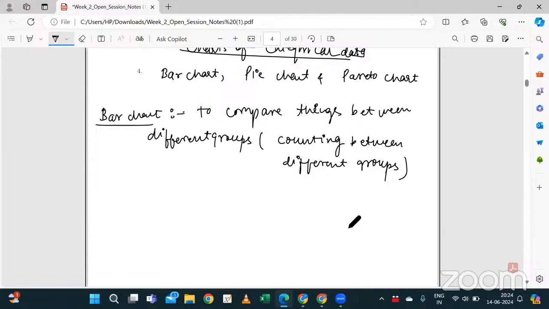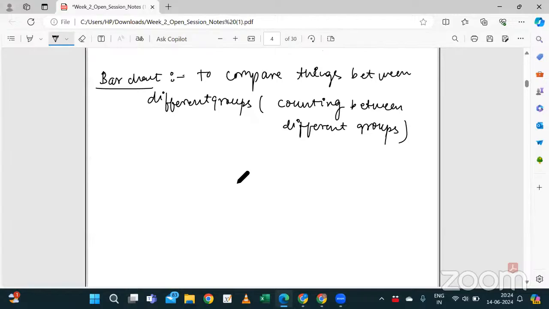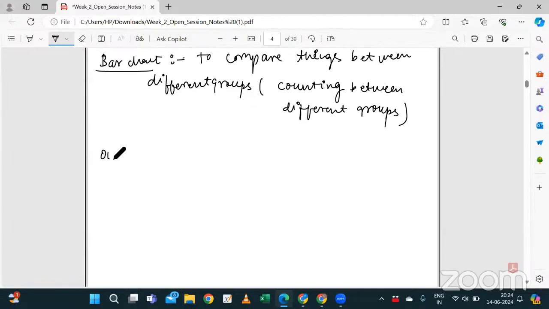Suppose you are the owner of a bookshop or bookstore, and you want to know the number of books sold in a day or in a month of different kinds of books.